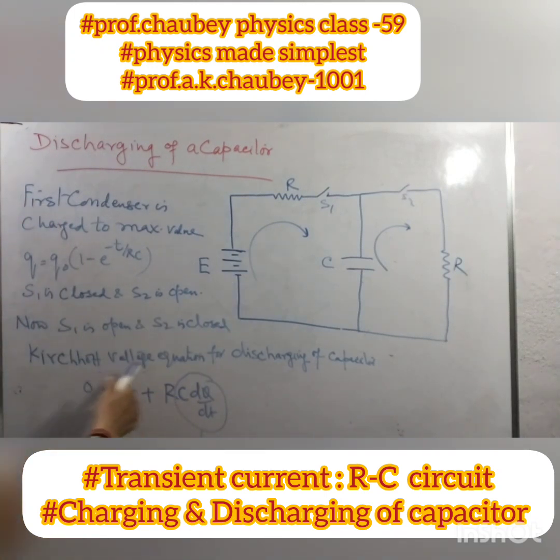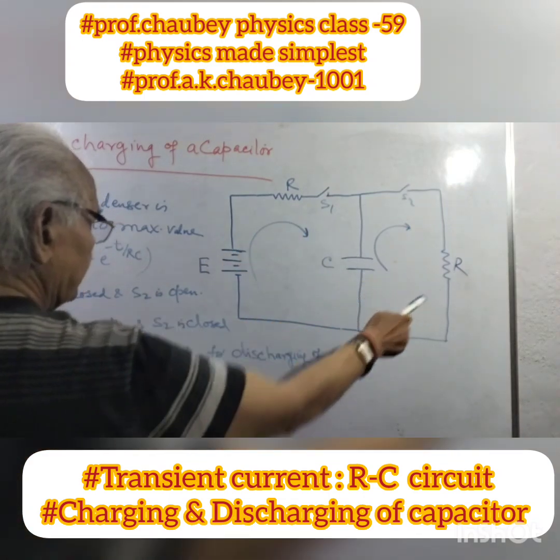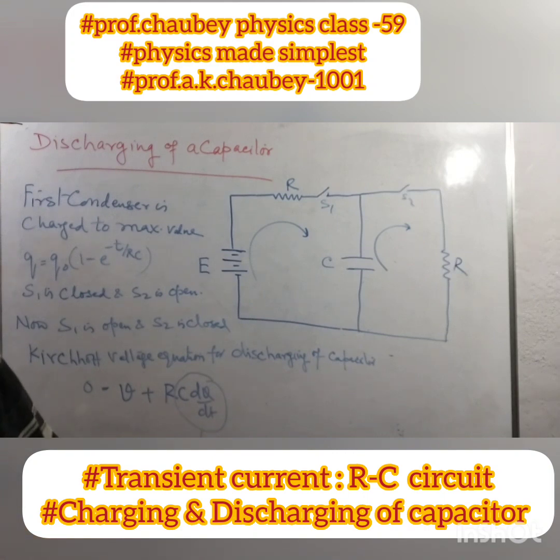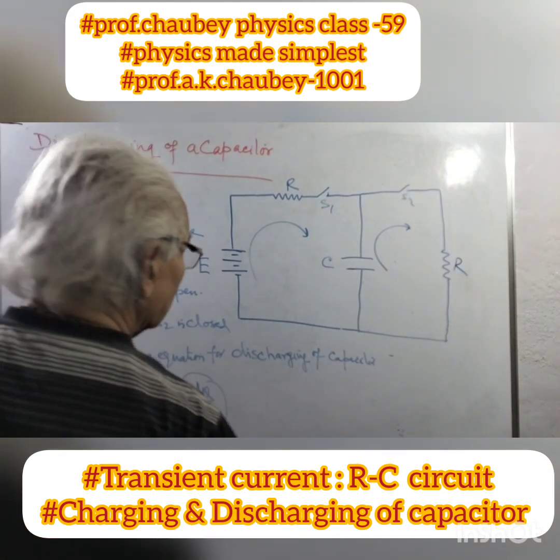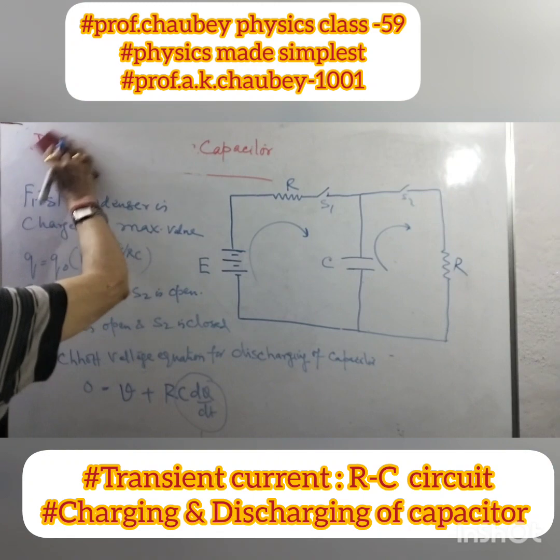So this is the Kirchhoff voltage law, that no potential is applied. Zero is equal to the potential across the capacitor at any time, plus the Ri drop across the resistance here. So this is the discharging equation.